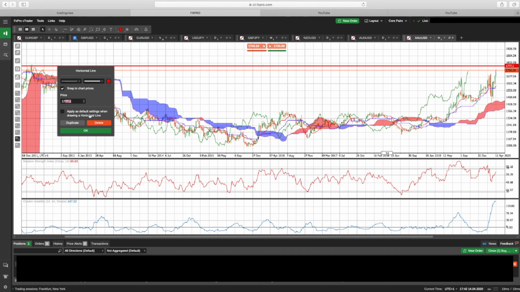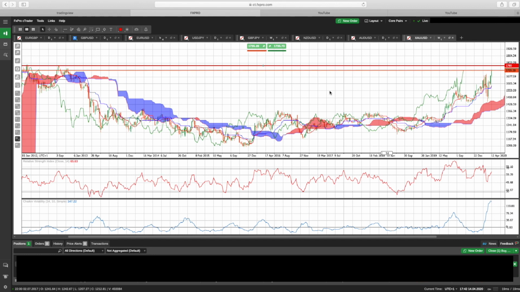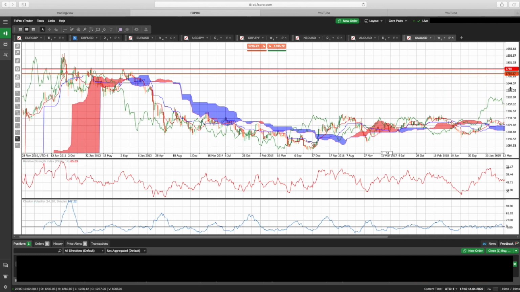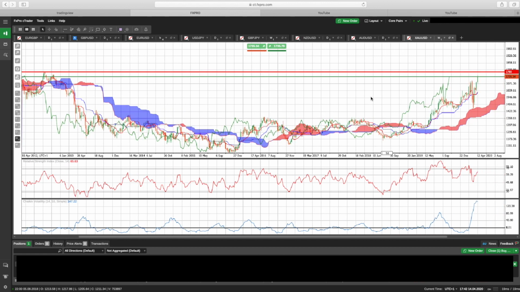But again, I'm just going to keep that horizontal line in there and see where we are when we get to that level, and what the fundamentals are before I make a concrete decision on whether to short or wait to see if that level is violated. And we could be heading up to higher highs.